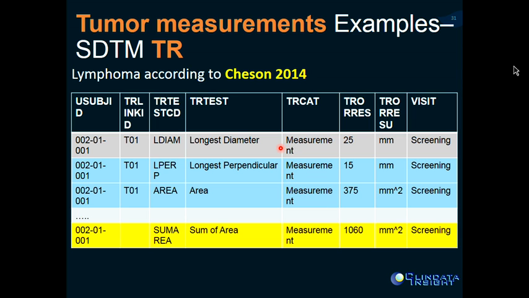In this example, the target tumor has a longest diameter of 25 and a longest perpendicular diameter of 15. So the area is 375 for target 1, and then summed with target 2 and target 3, the sum of the area is going to be 1,060 square millimeters, and this number is going to be compared with the sum of the area at different visits.